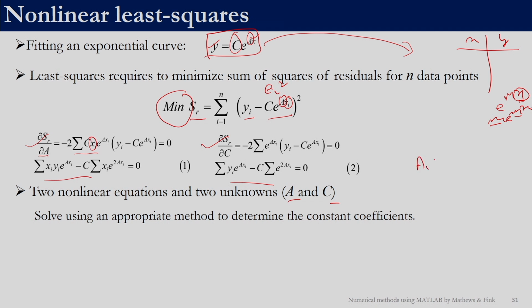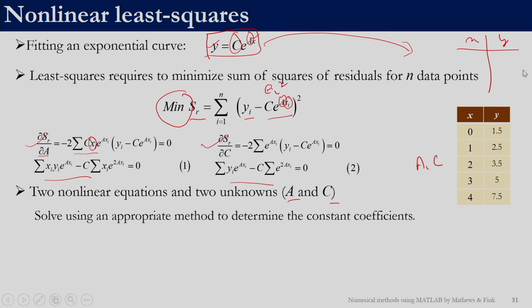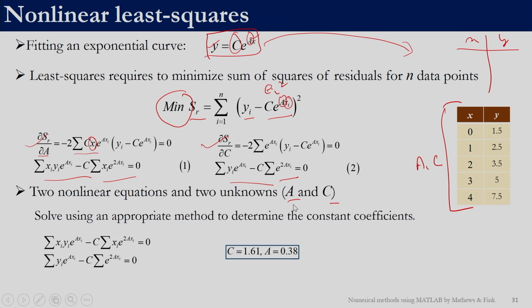Two equations in two unknowns, if you solve them you will get the values of a and c. That is how we can fit the model. For example, if this is our data set and you solve these two equations, we will end up with c equal to 1.61 and a equal to 0.38.